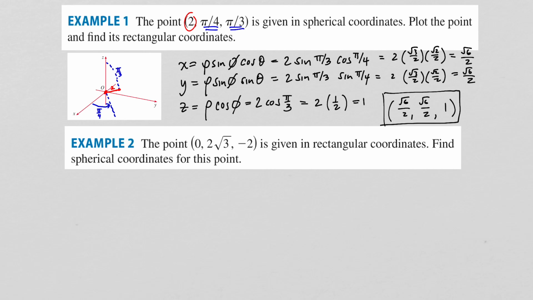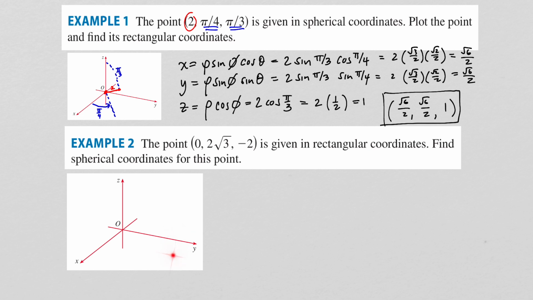In the next example, we are given rectangular coordinates, and we would like to find the spherical coordinates for this point. So to help us with this, I think it is a little bit helpful to have a graph. So let's attempt to graph this. We have an x-coordinate of 0, so we are not going out at all on the x-axis. We have a y-coordinate of 2 radical 3, so we go a distance of 2 radical 3 on the y-axis.